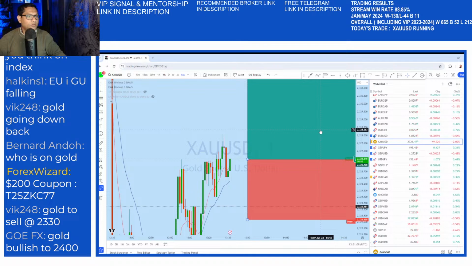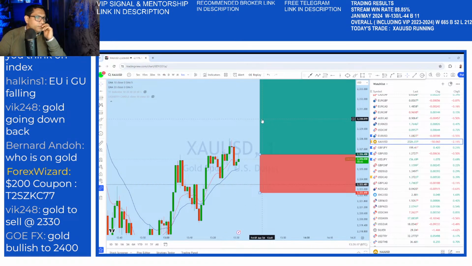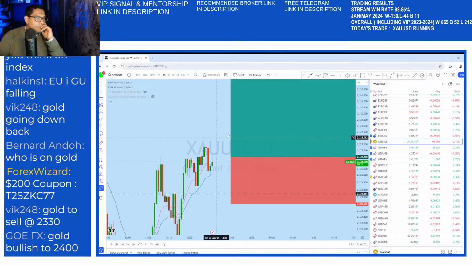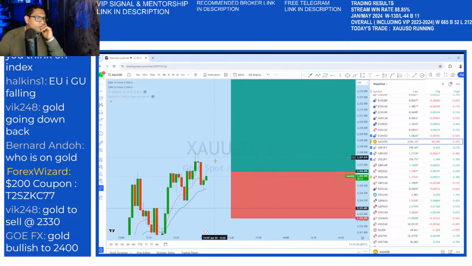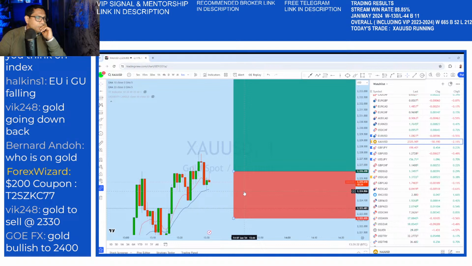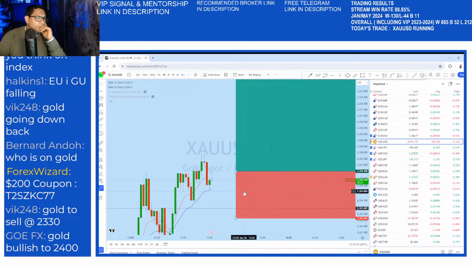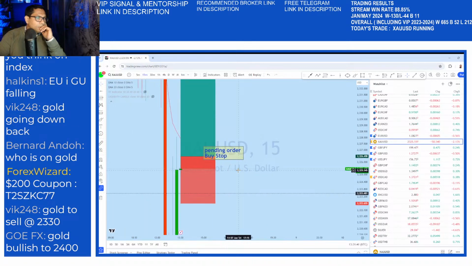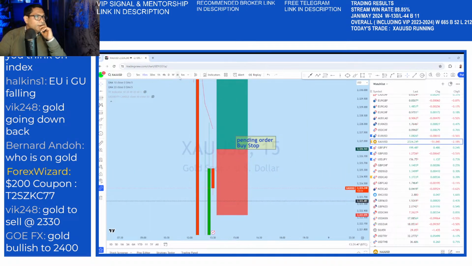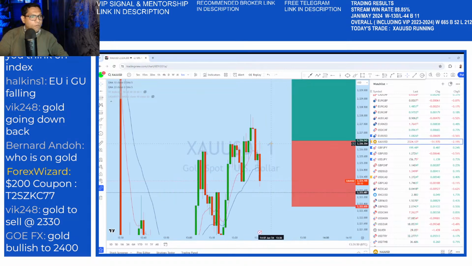So want to see trending to the upside? We can see again trying to push up here. There's a rejection from the top.